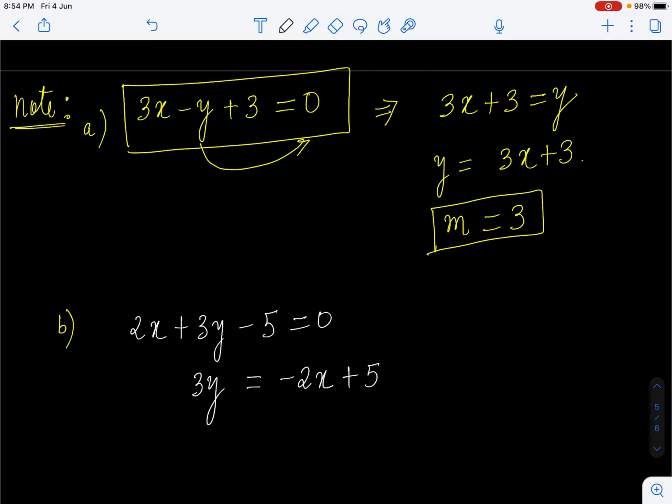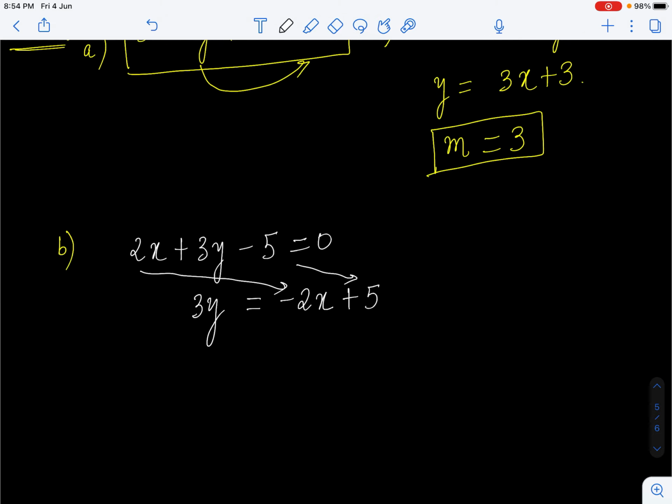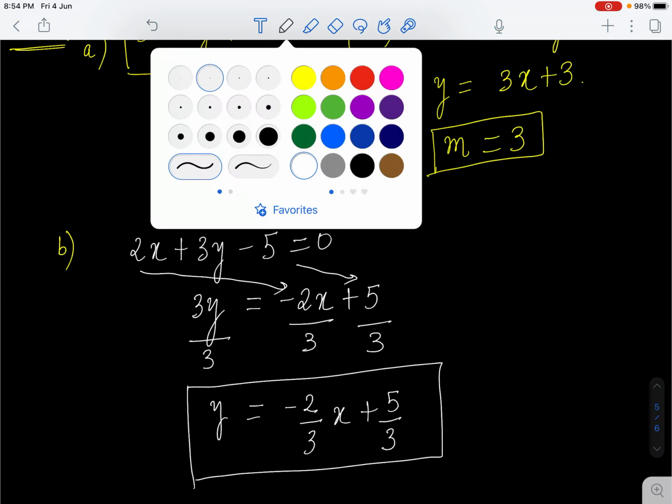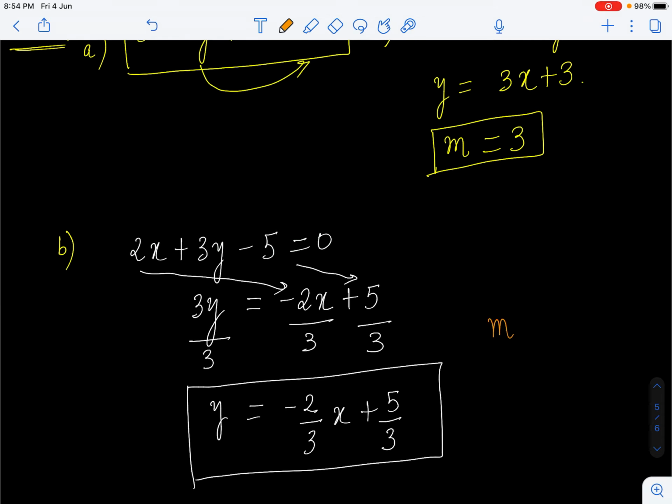This is minus 5, it becomes plus 5. Then after that you divide everything by 3. When you divide everything by 3, you get y equals minus 2 over 3 x plus 5 over 3. So by rearranging the terms, I get the line equation in the usual form, and from this I can easily say my gradient is minus 2 over 3.